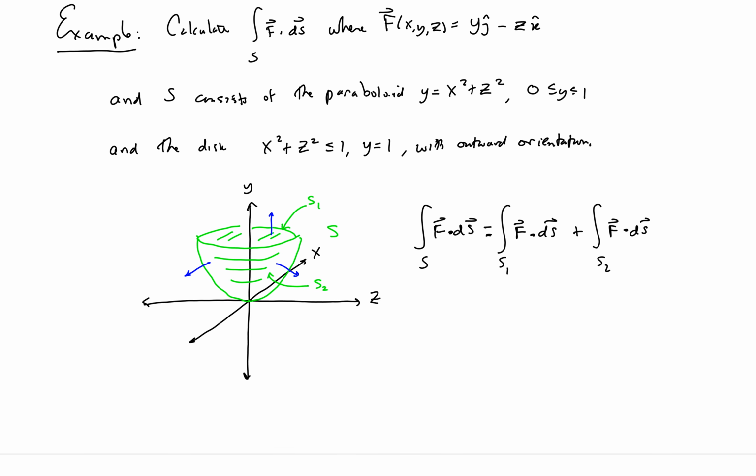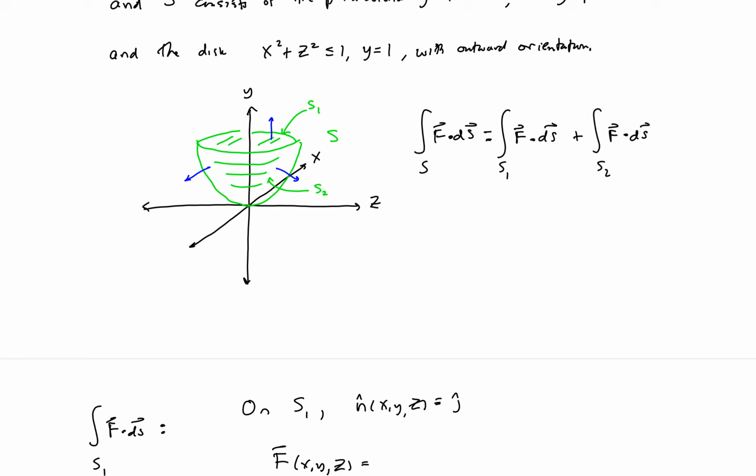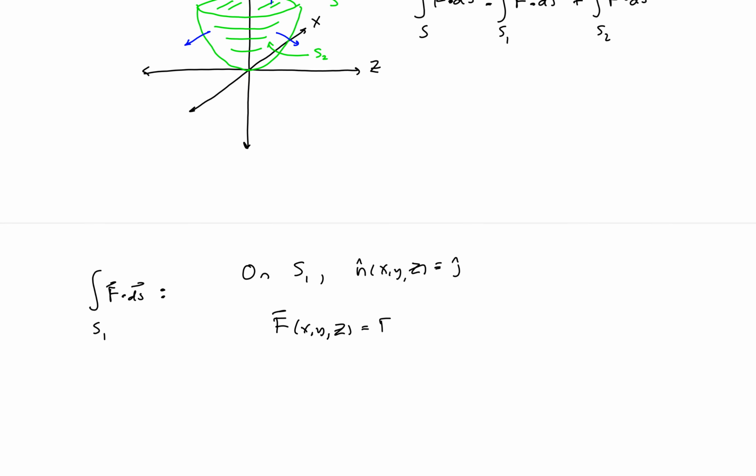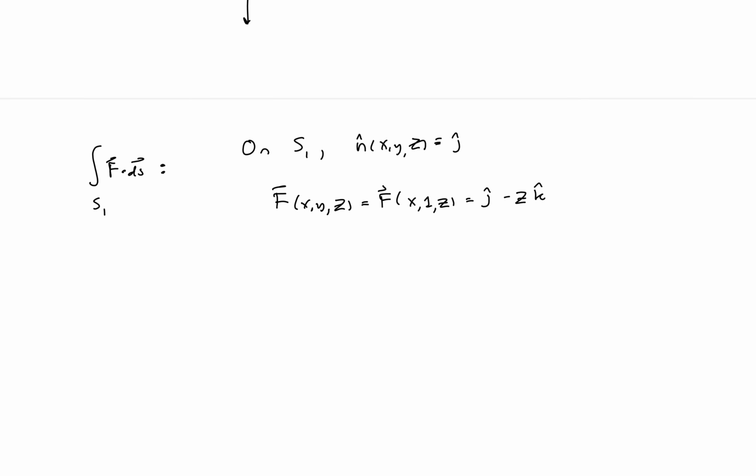So this is just j minus z k. If I dot this with this unit normal, when we dot these together, I just get 1.